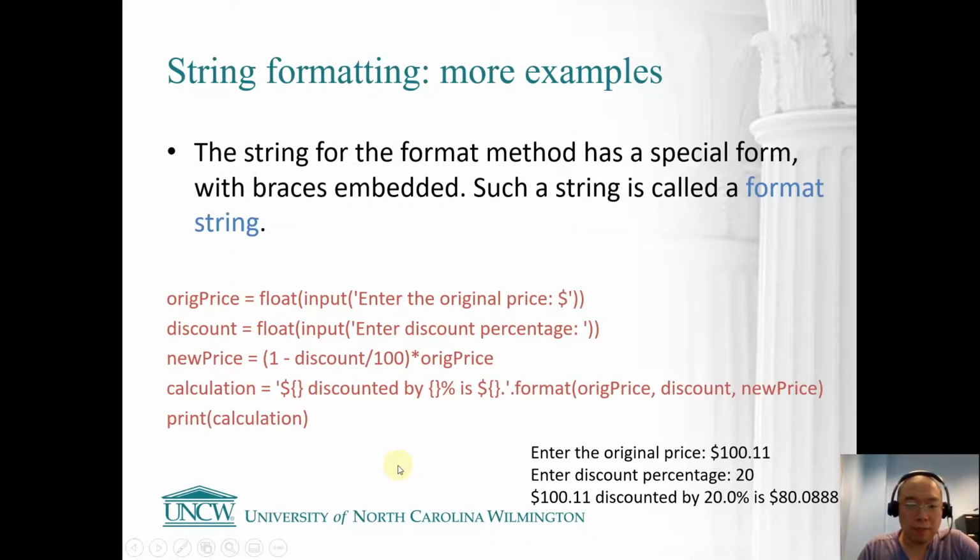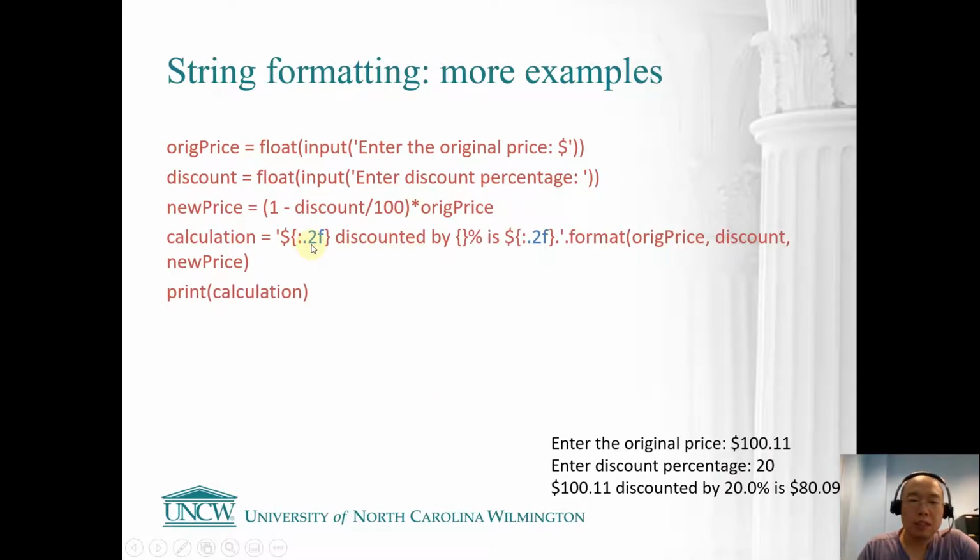The .2 means after the decimal, I want 2 digits. And the f means this is going to be a float number. After doing this, as you can see, now I have $80.09, and this formatting is correct.